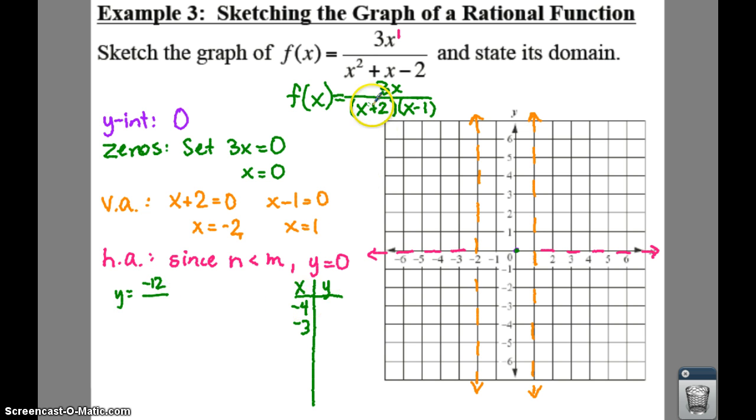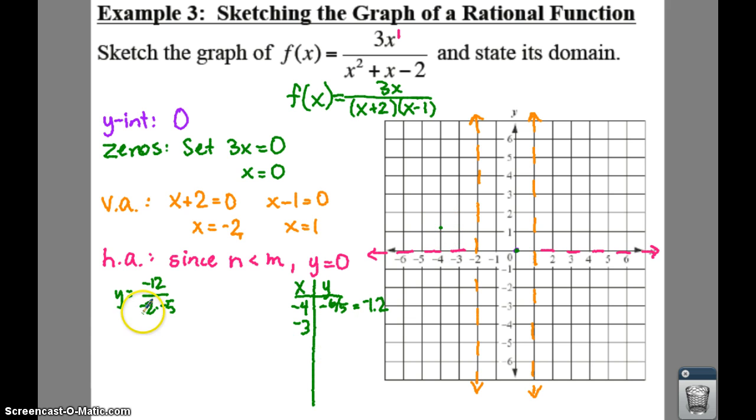If I plug a negative 4 in my factored form, I have a negative 2 times a negative 5, which is a negative 12 over 10, or a negative 6/5, which is also known as a negative 1.2. So if I go back 4, up 1.2, here's a point.